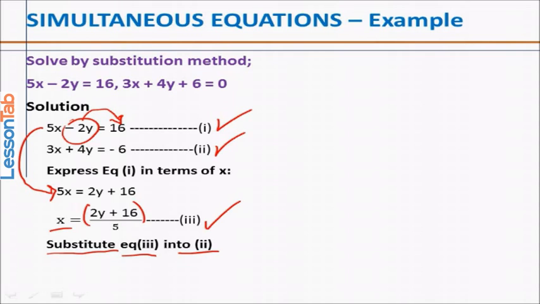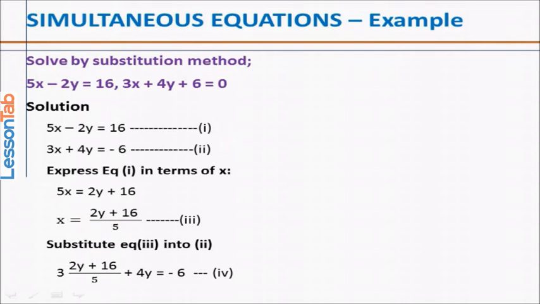To do that, wherever we see x in equation 2, we will put this expression, 2y plus 16 divided by 5, into that variable x. With that, we have now successfully created equation number 4.